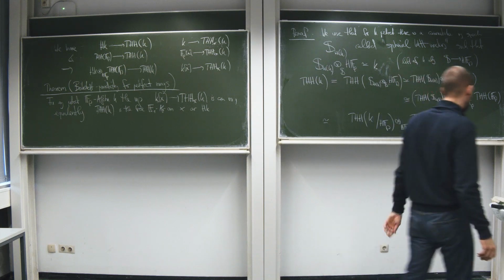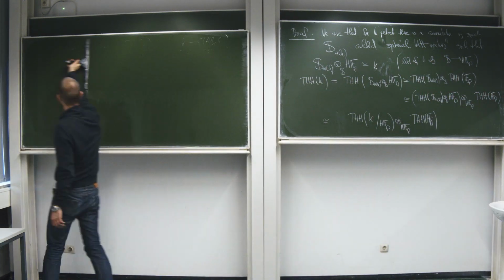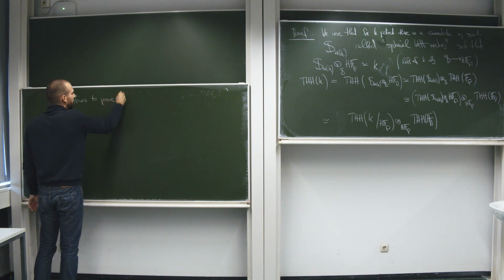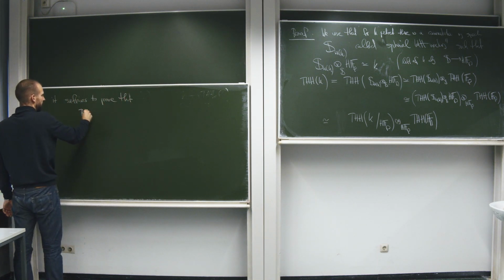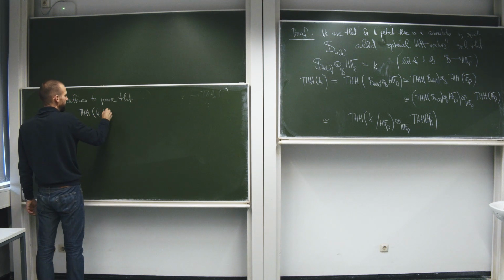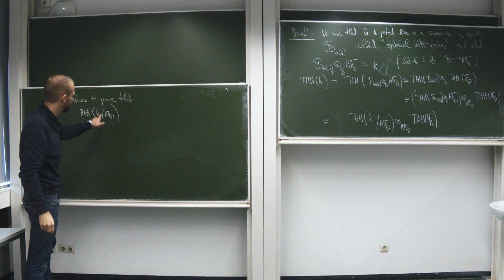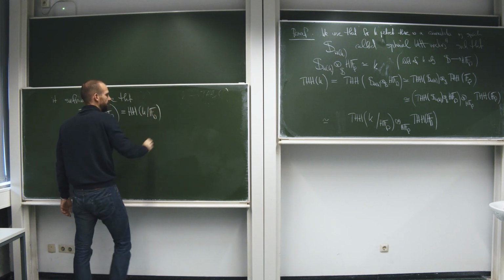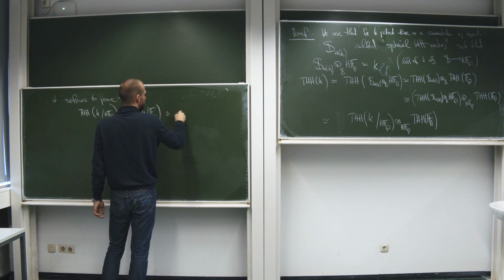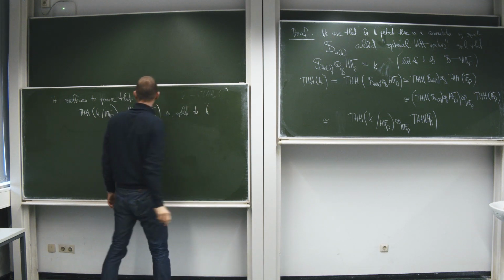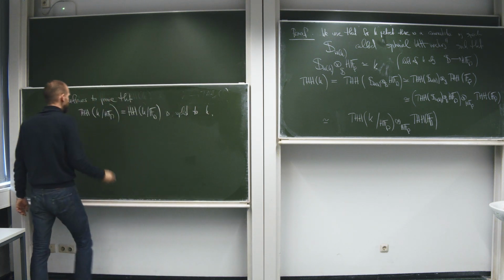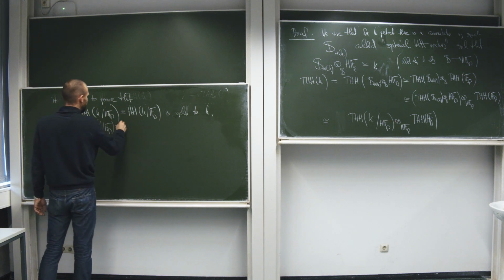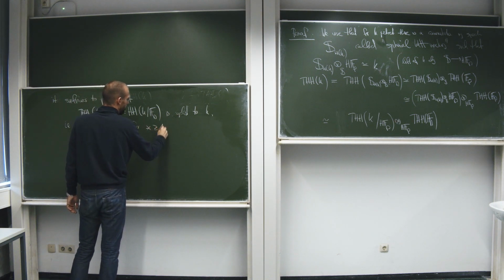And because this is just Hochschild homology, it suffices to prove that THH of K relative HFp, and I admit I'm a little bit inconsistent with where I put H's and where not, which is just Hochschild homology of K relative Fp, is equivalent to K, i.e., HH_* of K relative Fp is 0 for * larger or equal 1.